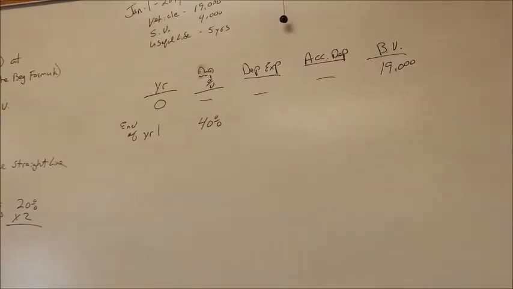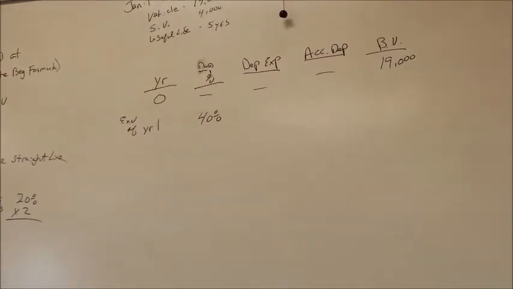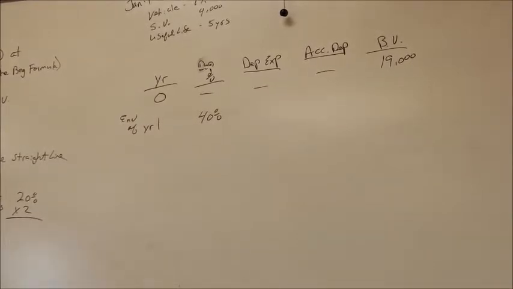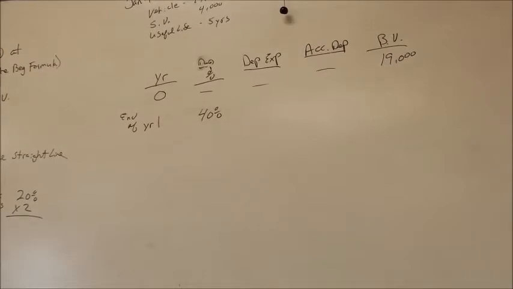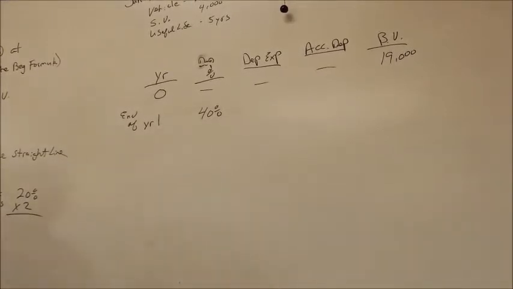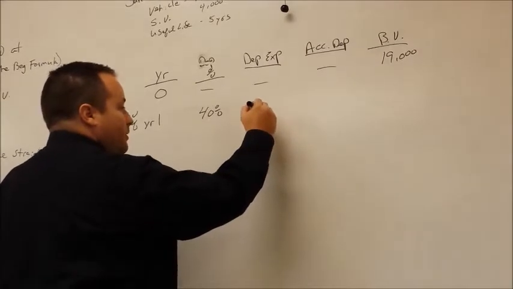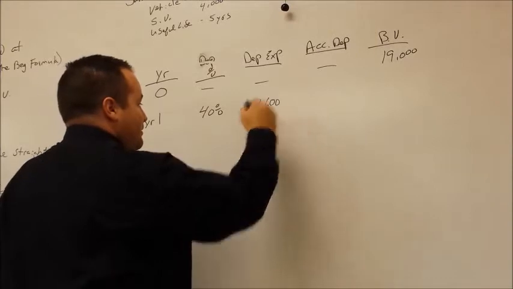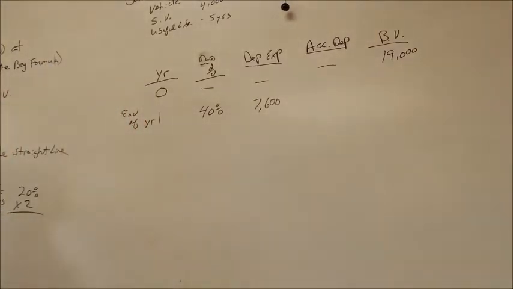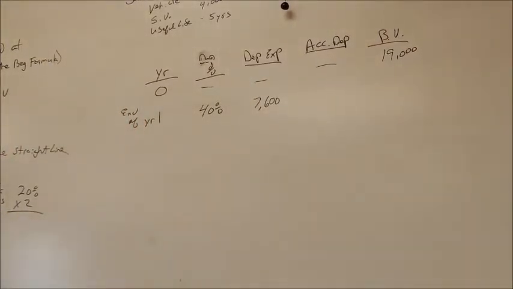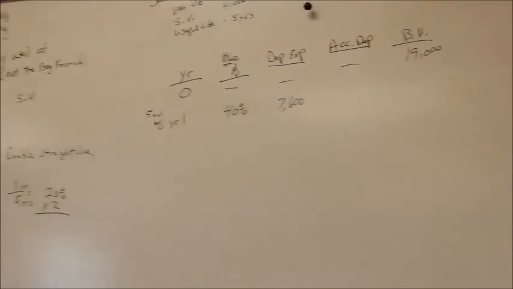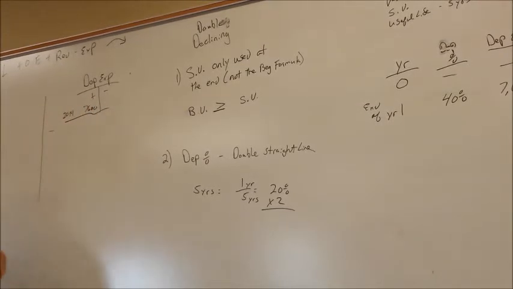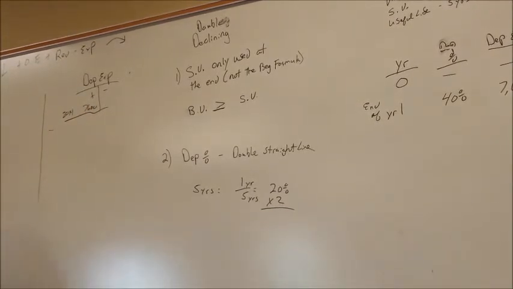No salvage value taken into play yet. What do you get? 7,600. So I would have a depreciation expense of 7,600. Debit depreciation expense, credit my accumulated depreciation, 7,600.